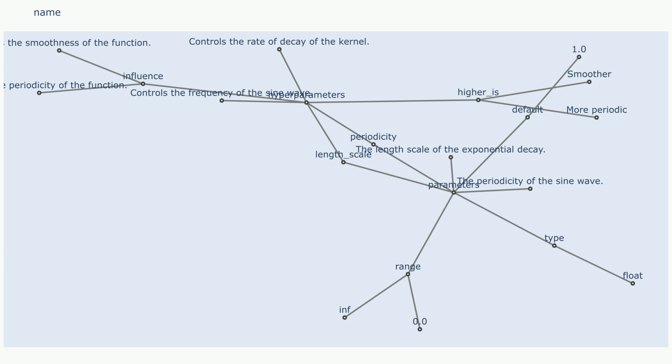This detailed explanation should provide a comprehensive understanding of the ExpSineSquared kernel and its capabilities. Remember to adapt the specific parameters and kernel combination based on the specific data and application requirements.